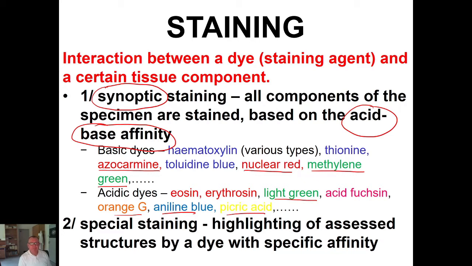Then there is a big group of special stainings. There are plenty of methods of staining which are used when we want to highlight something specific.